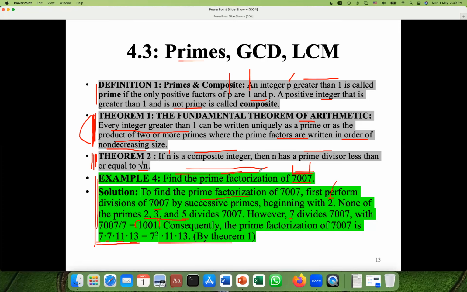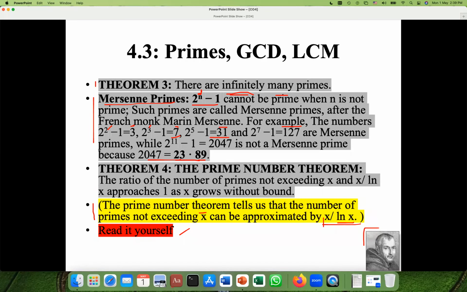Up to CO3, we will take midterm 1, and maybe passing 2 weeks after the midterm, we will have midterm 2.